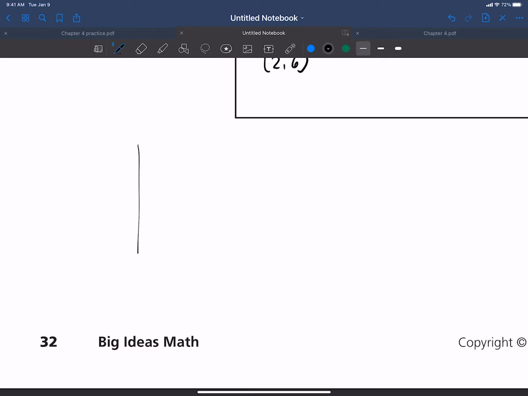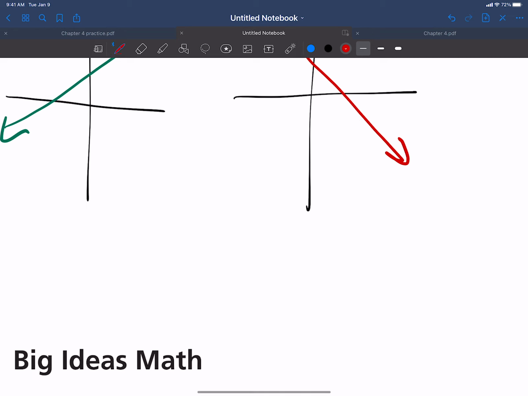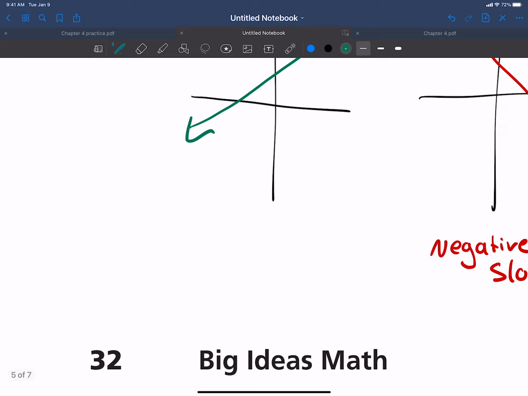Just go ahead and draw me 2 quick little graphs. You can draw me a positive line, and then I'm going to use red for negative, and then underneath we'll go ahead and label. This is negative slope. And this is positive slope.